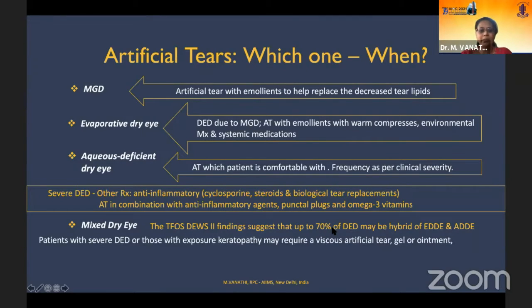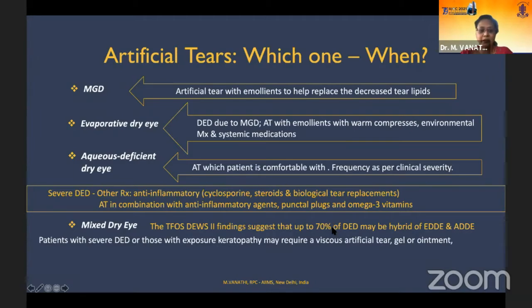If you're having an evaporative dry eye disease, which is caused by MGD, which is what most of us tend to see in clinical practice, combine your artificial tears with other therapies such as warm compresses and systemic and ocular medications. If it is an aqueous deficient dry eye disease, then you would probably want to include a lot of your tear replacements, in combination or separately, in order to give a sufficient viscosity and tear volume for the ocular surface to function effectively.